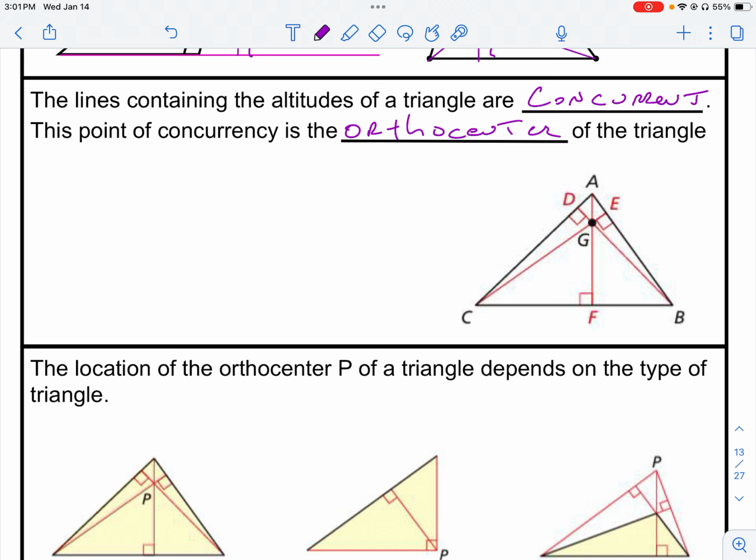And unlike the circumcenter, which is equidistant to the angles, the incenter, which is equidistant to the sides, or the centroid, which splits up the medians by 2/3, 1/3 of the length of the median, the orthocenter doesn't have a superpower other than it exists.